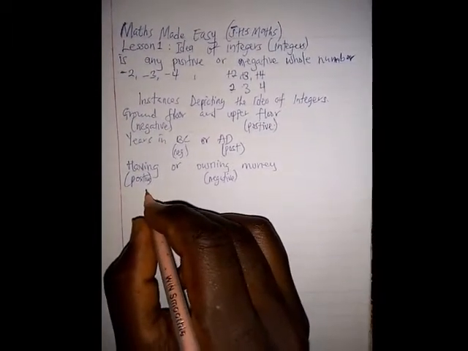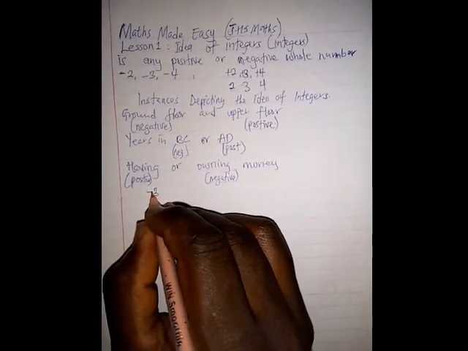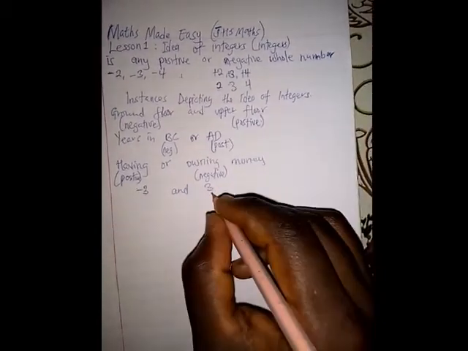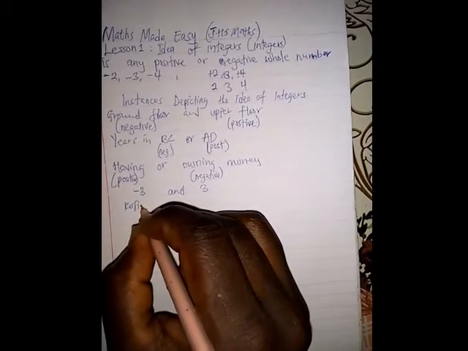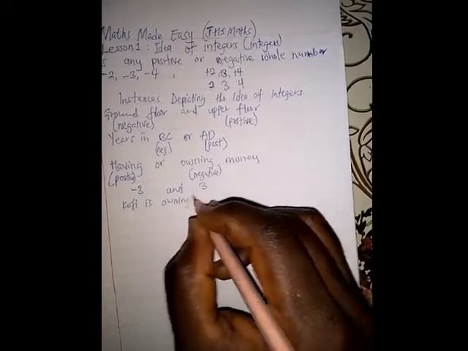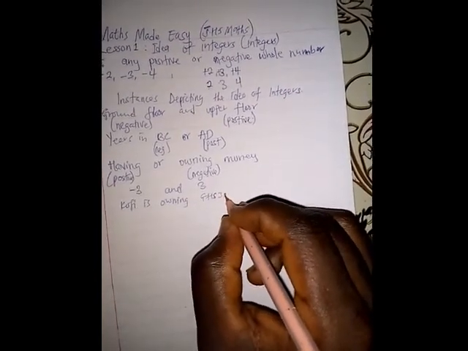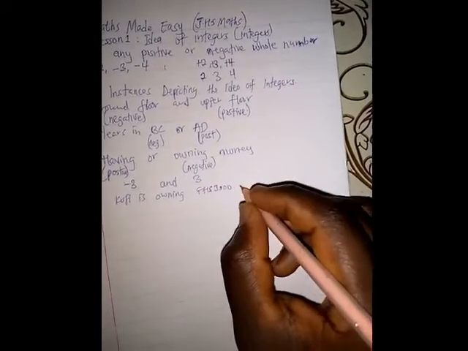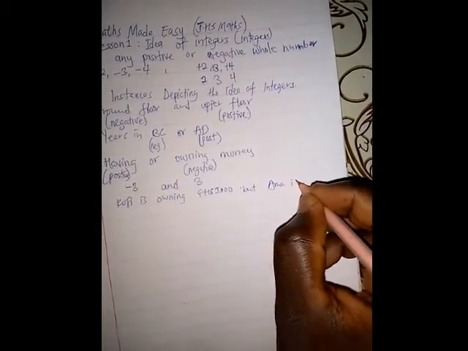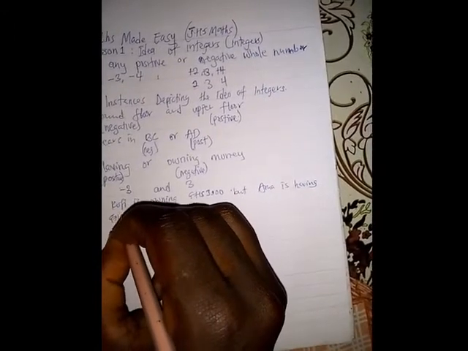So we can just write -3 and +3. So we can say that Kofi is owing 3 Ghana cedis, but Ama is having 3 Ghana cedis.